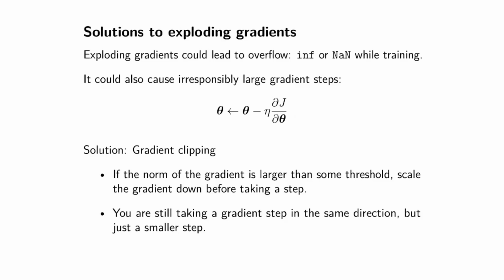You're still going to take a gradient step in the same direction as the one that you've calculated. You just make sure that that step isn't as big as the value that you calculated. Does that make sense? Super easy. In PyTorch, I think there's a gradient clipping function, and you might need to specify a threshold, but you probably just pick the one that's in there already.